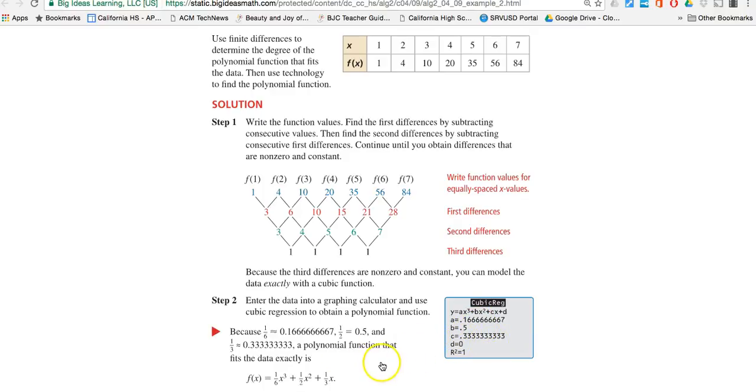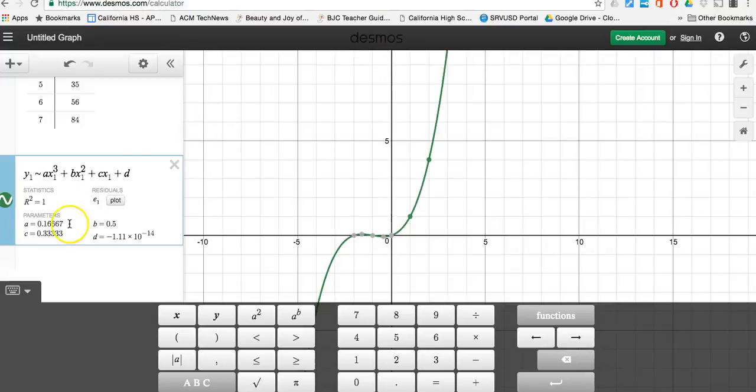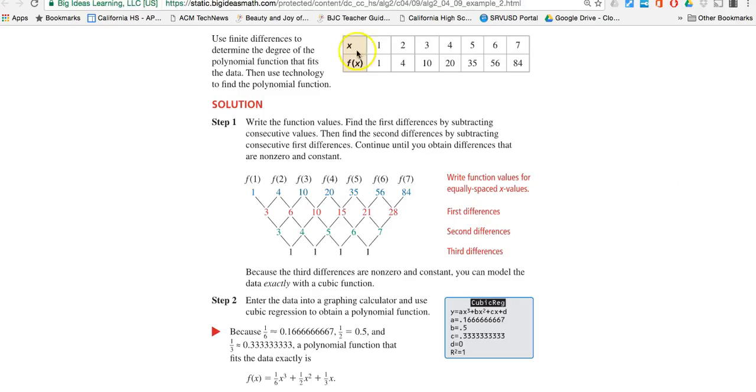When we take those values and plug them in, this is our function: 1 over 6 x cubed, because our a value is 1/6, plus 1/2 x squared, because our b value is 0.5, plus 1/3 x, because our c value is 1/3. Again, you'll see these are the same values that Desmos gave us for a, b, and c. So that's how you use regression to do this.